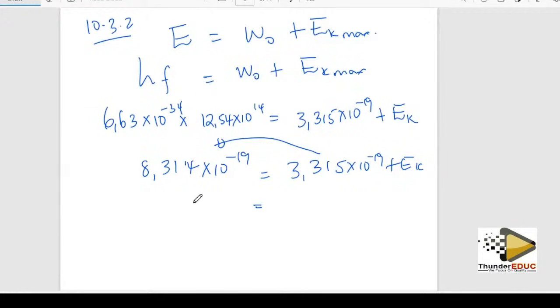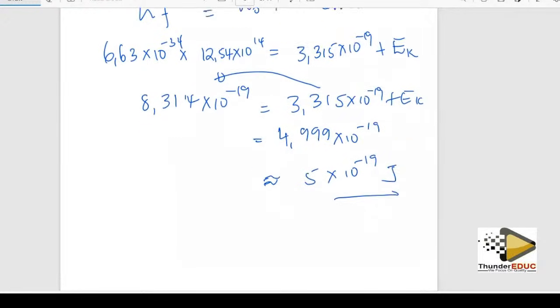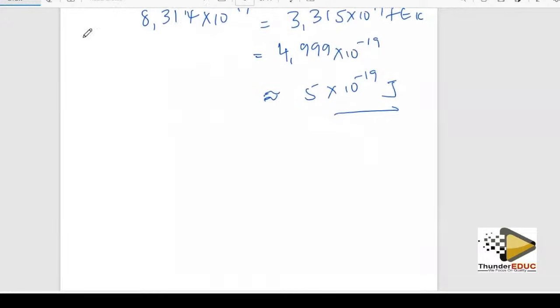That becomes 4.999 times 10 to the negative 19. So if I round to two decimals, it's just going to be 5 times 10 to the negative 19 joules. We're looking for kinetic energy. Okay, then the next question.